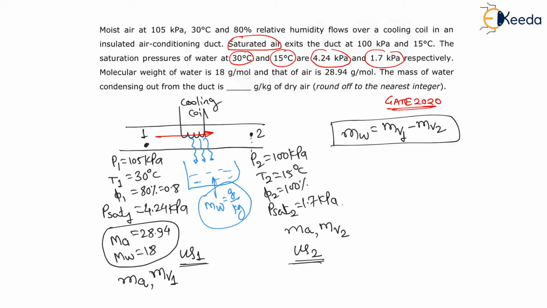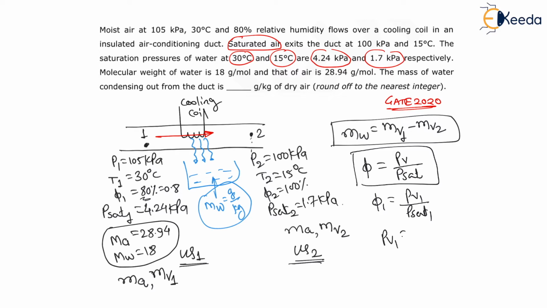Now my dear students, we have been given relative humidities at inlet and exit. Now this relative humidity is nothing but vapor pressure divided by saturation pressure. This is the formula to find relative humidity. Therefore, if I write phi1, then I will get vapor pressure at 1 divided by saturation pressure at 1.